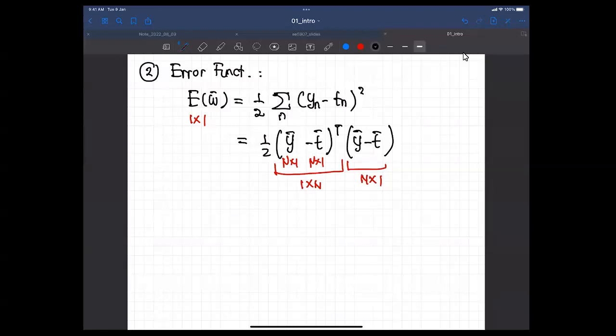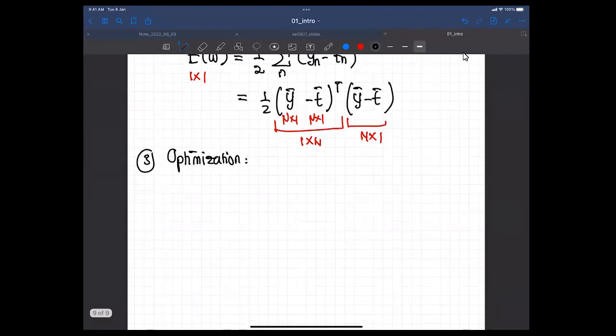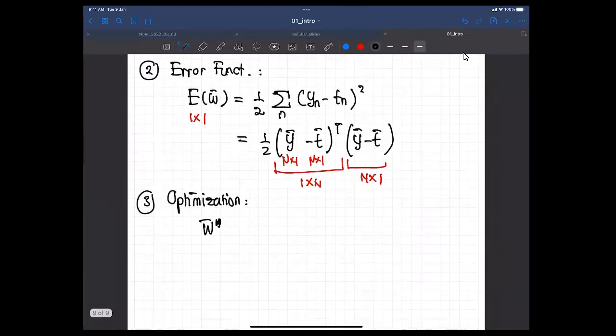And the third step, which is optimization, you know that you have to find what is the final product of your training. To find what? To find W bar. In this case, we assume m is given. Least squares doesn't solve the model complexity problem; it assumes that m is given.